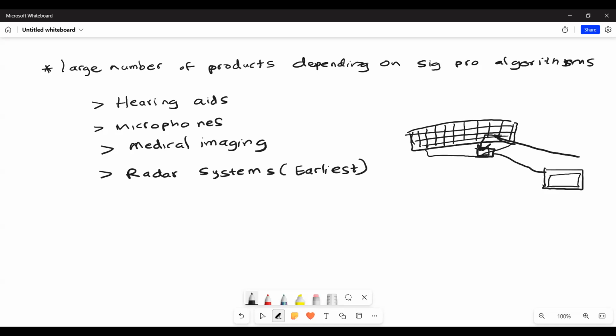It will show on the screen at what location a certain object is around that area. Radar systems have been one of the earliest products that used signal processing, and that led to other inventions afterwards. So radar is one of the applications, and there are many applications in communications that are related to signal processing.